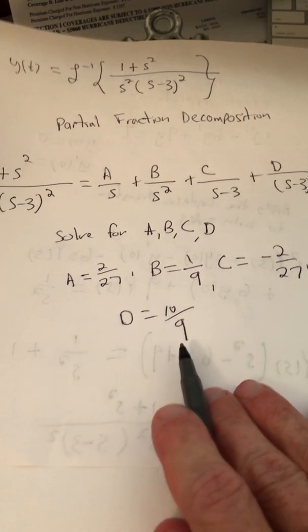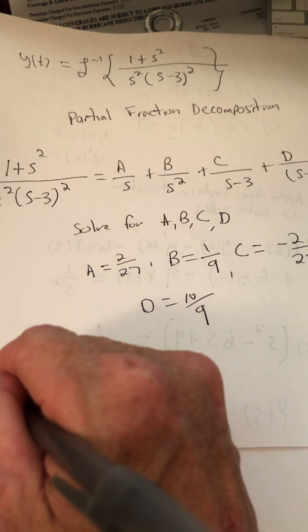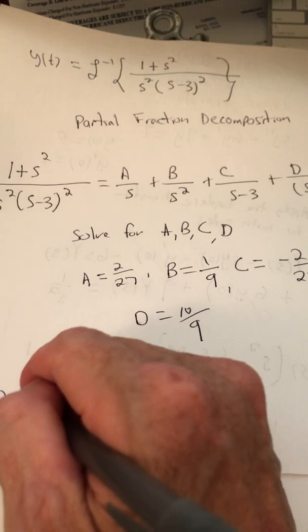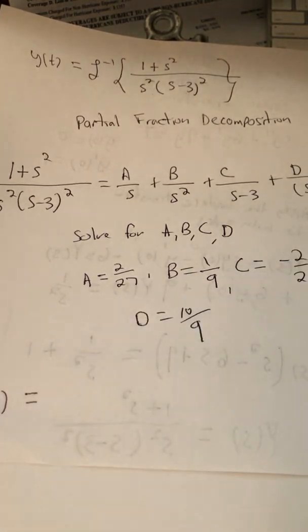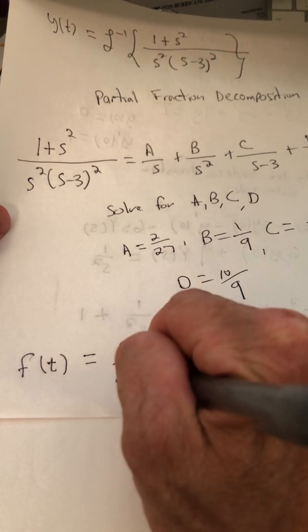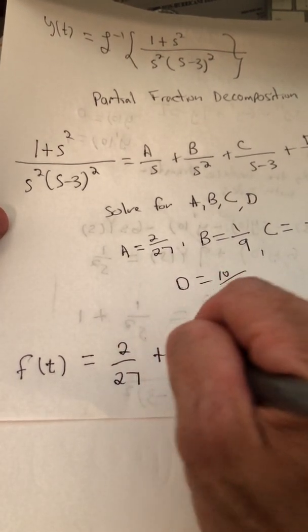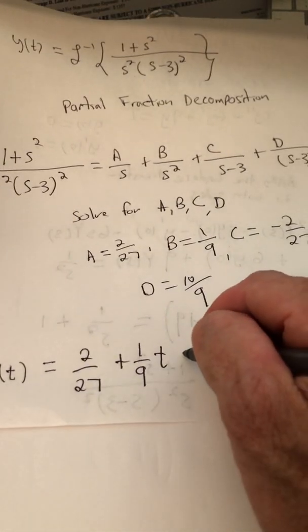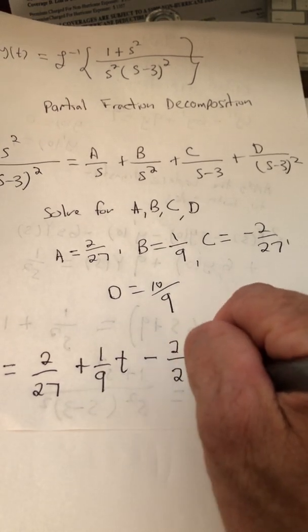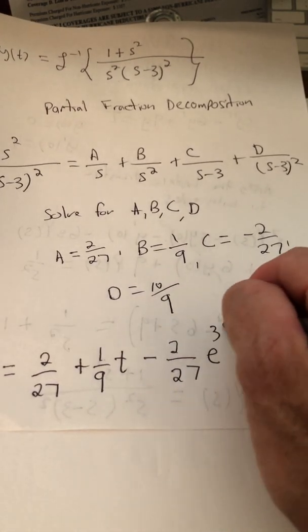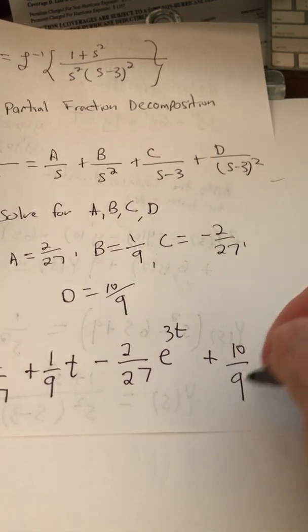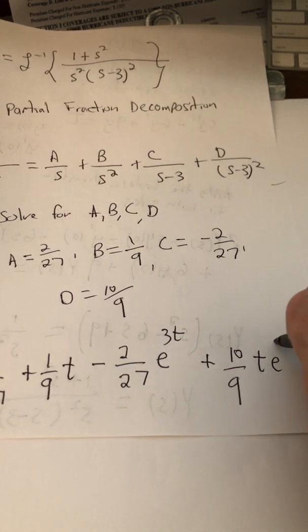So, f of t ends up being 2/27 plus 1/9 t minus 2/27 e to the 3t plus 10/9 t e to the 3t.